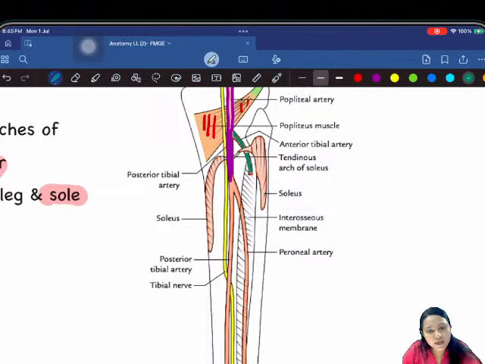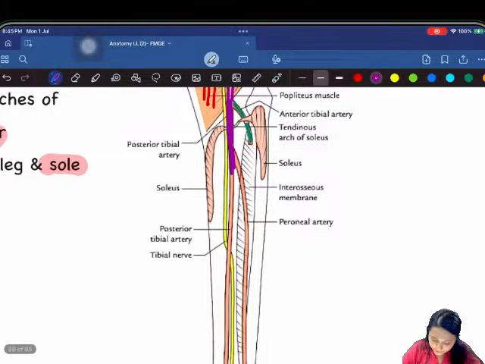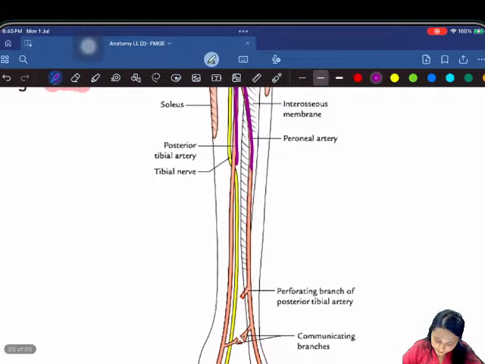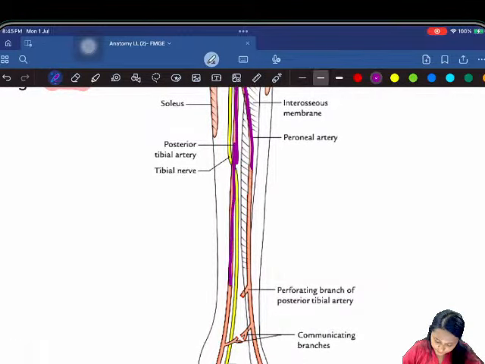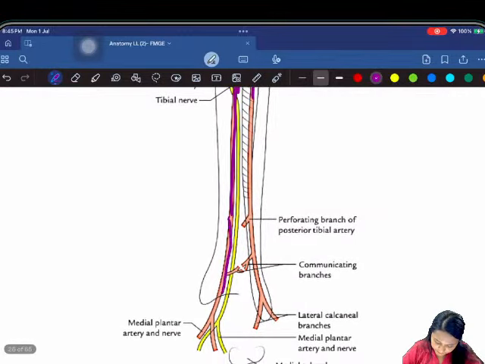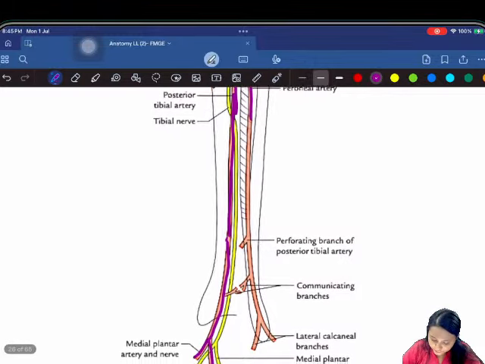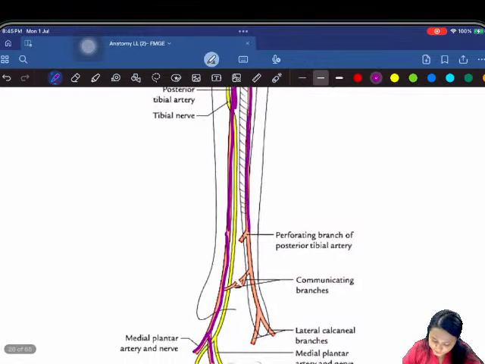Anterior tibial artery supplies the anterior compartment. Posterior tibial artery supplies the posterior compartment along with its branches. Okay, now this posterior tibial artery, as it goes down, it is giving another branch, that is the peroneal artery. Okay, and then you can see as it is going down, it is giving the medial plantar artery along with the nerve, and the peroneal artery is also going down, and it is giving the perforating branch.